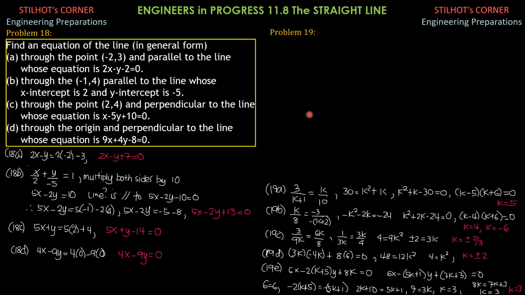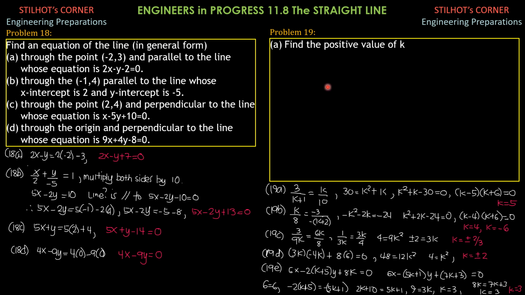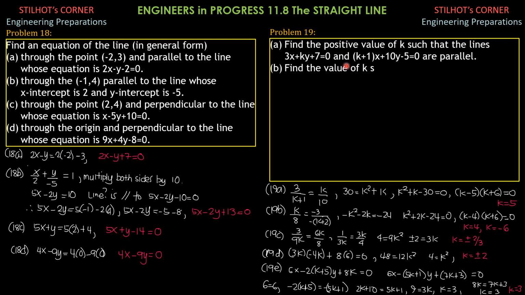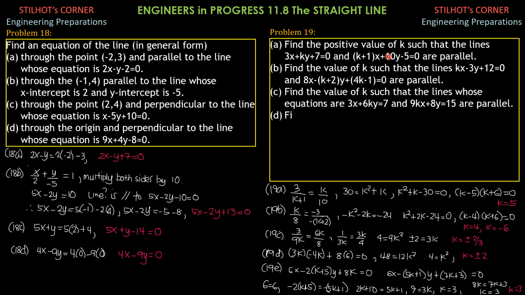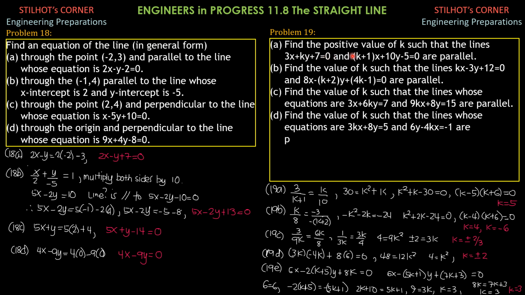Then problem 19. Find the positive value of k such that the lines 3x + ky + 7 = 0 and (k + 1)x + 10y - 5 = 0 are parallel. So remember in the video where I derived the conditions for parallel lines, the ratio of corresponding coefficients must be equal.